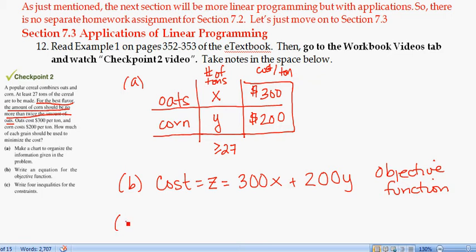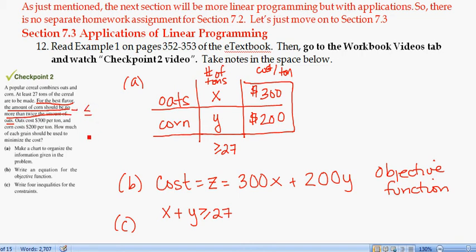Okay, and then part C, to write the inequalities. Now we use the fact that the total number of tons has to be at least 27, so X plus Y has to be greater than or equal to 27. And then we also have this other one that isn't in the table. For the best flavor, the amount of corn should be no more than twice the amount of oats. When I read no more than, I can think of that as less than or equal to.